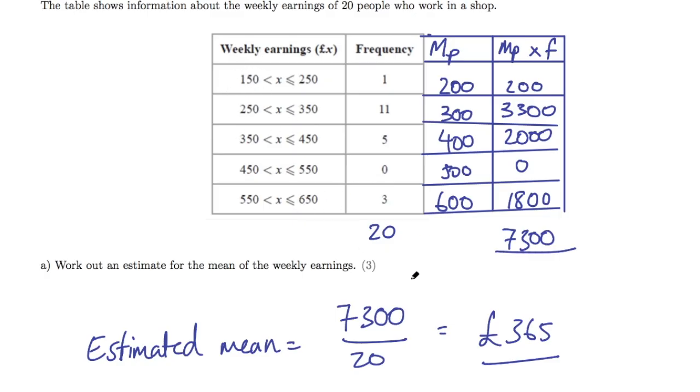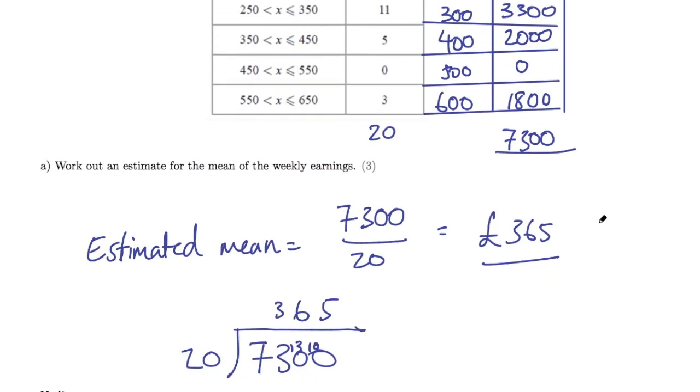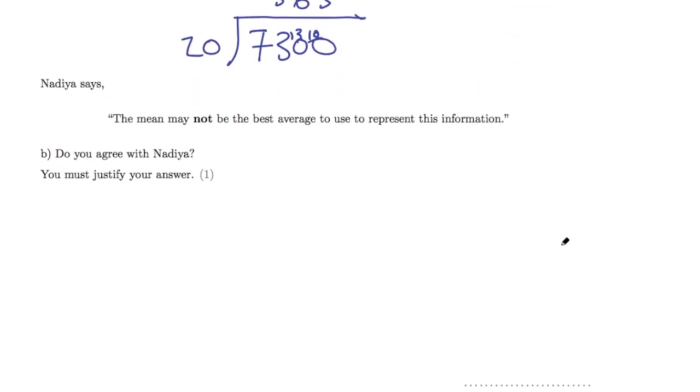It's impossible. So is it between 150 and 650? Yes. So it's realistic. Is it reasonable? So if we look at the spread of this data, most people are between 250 and 350, so we'd expect the mean to be around there somewhere, and it's 365. So yes, it's reasonable as well. So once you've done those 2 checks, you should feel confident to move on.